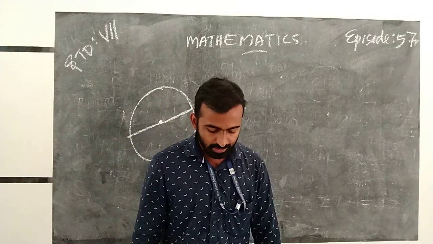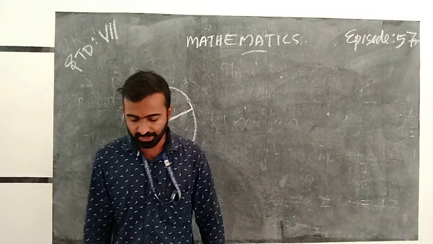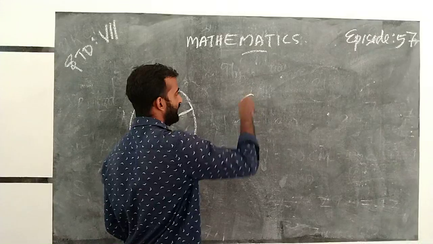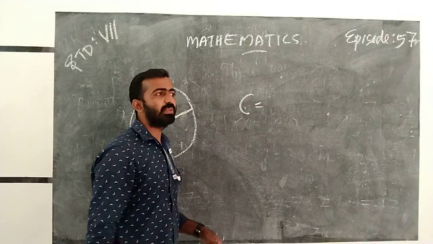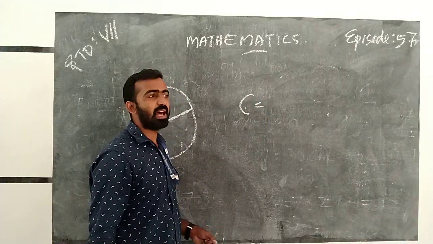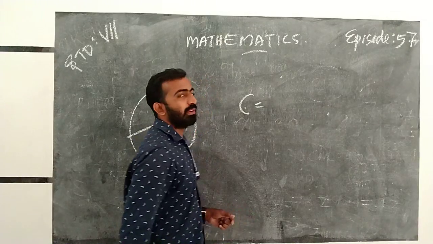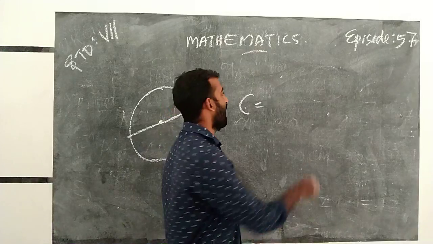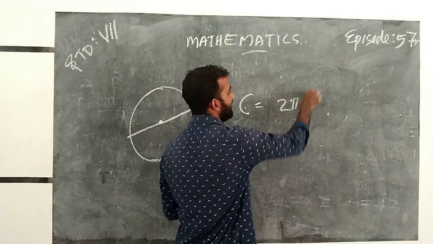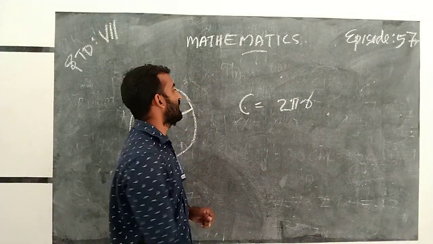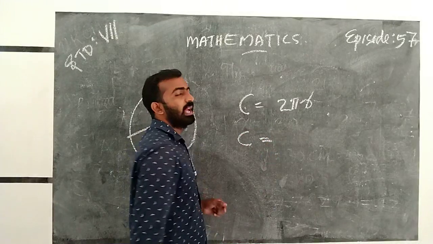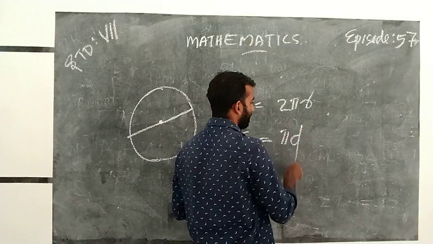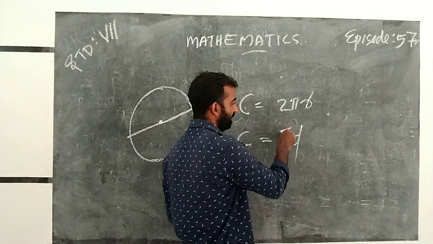Here we are going to discuss the circumference of the circle. Circumference C equal to, when the circle has radius r, we write it as 2 pi r. The circumference of a circle with diameter d we can write as pi d.